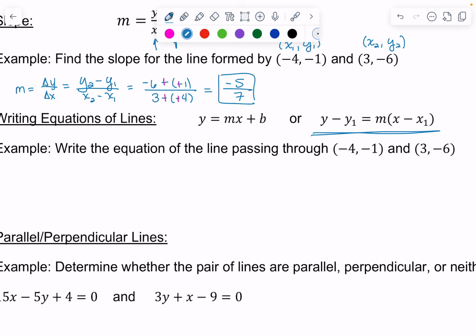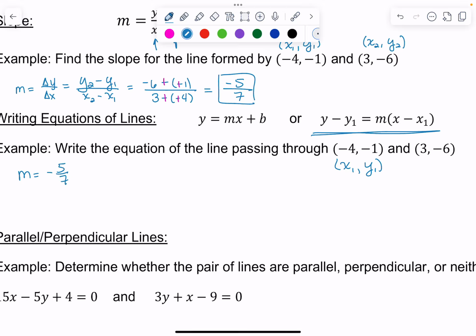You can pick either one of the points to use for the x1, y1. Notice my points are exactly the same as above, so I already know that m is equal to a -5/7.